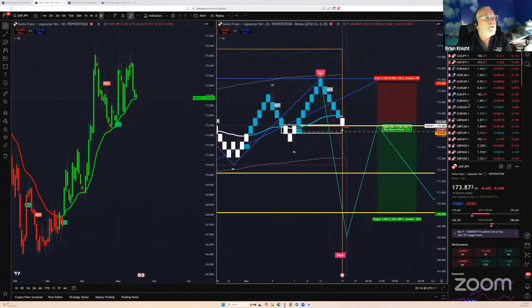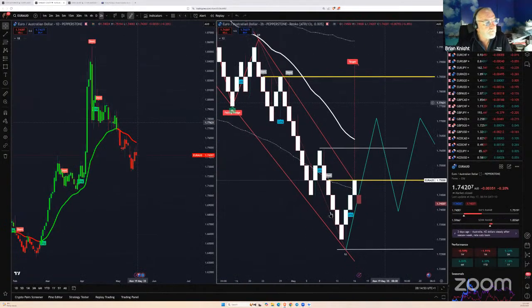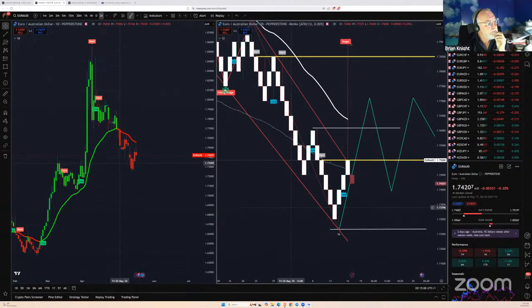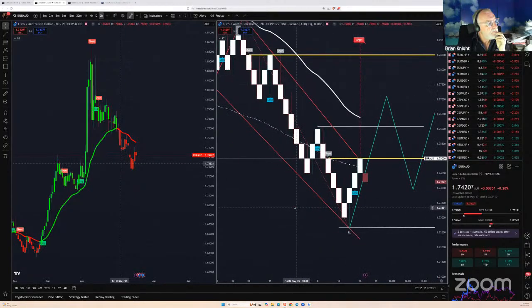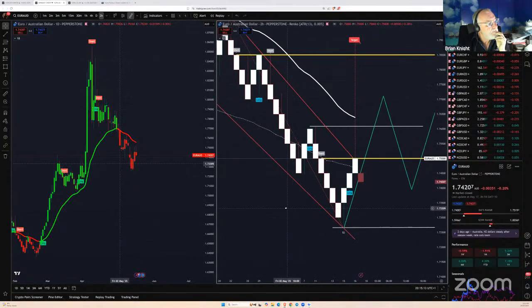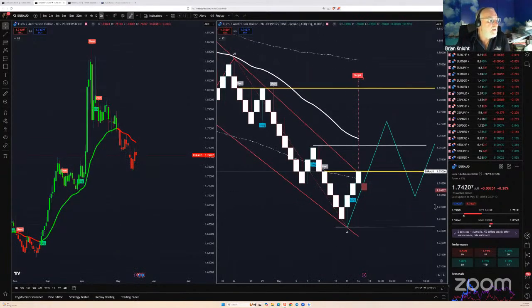Now the euros. Euro AUD. So the green line has it coming up, but price has it pushing back down at the moment. It's well out of the rail.